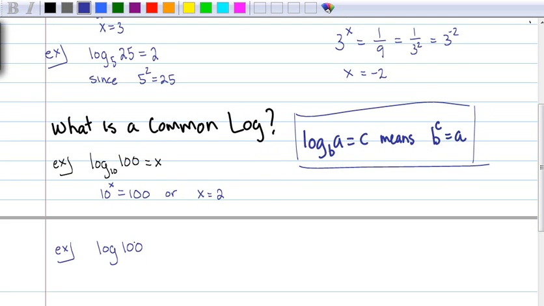When there is no base, it means base 10, a common log. The answer to this one is the same as above. 10 to what power is 100? So the answer still is 2. There's an imaginary 10 right there. If you hit log of 100 on your calculator, you'll notice that you get 2. So the word log on your calculator is base 10.